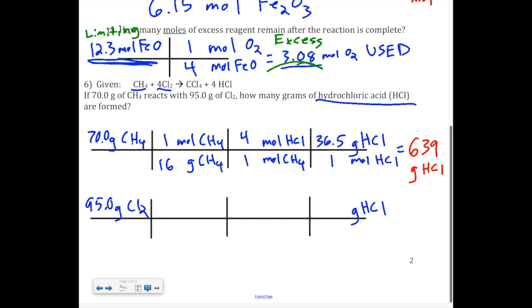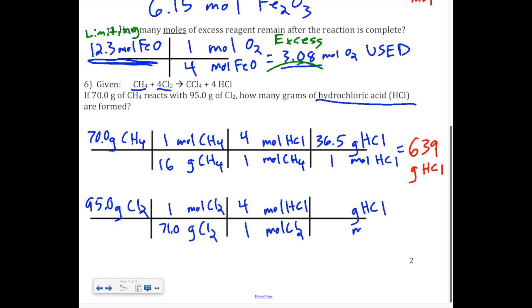Now 95 grams of chlorine, I'm going to change grams of chlorine to moles. And the molar mass of chlorine is 71.0 grams per mole. And then change moles of Cl2 to moles of HCl. This is going to be a 4-to-1 ratio as well.